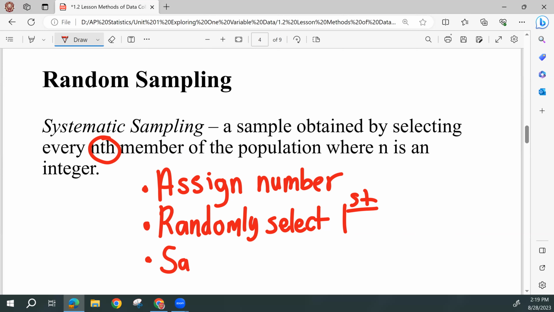So when I say sample every nth, we will choose what that n is, whether it's every 10th person or every 5th person or every 4th person. This is different from a simple random sample because we're not randomly generating 100 numbers. We're randomly generating one and then going from there, selecting every, say, 4th or 5th or 10th person to sample.